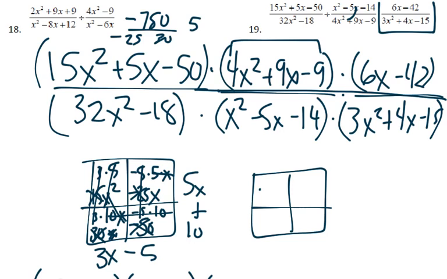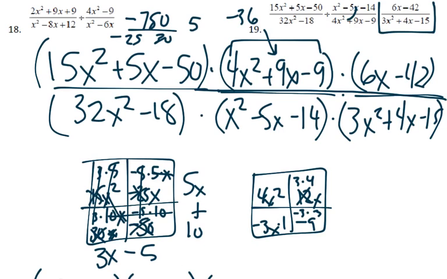negative 36. Factors of negative 36 that add up to positive 9. Would that be 12 and 3? Yes, 12x and 3x with the 3 negative. So 9 is negative 3 times positive 3. 12 is 3 times 4.